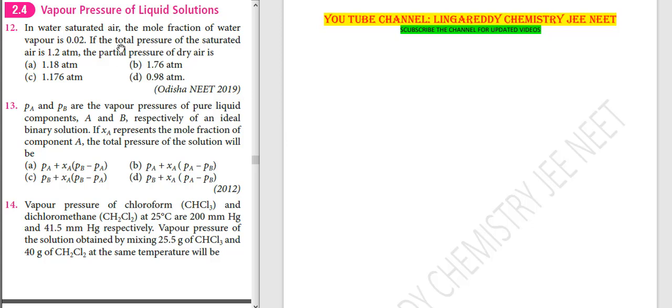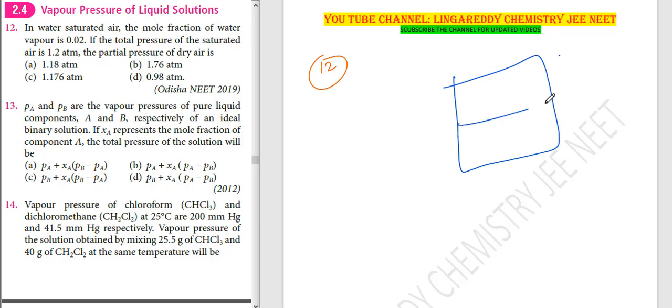In saturated air, the mole fraction of water vapor is 0.02. If the total pressure of saturated air is 1.2, the partial pressure of dry air is, what is asked here? The water is there, air is there.